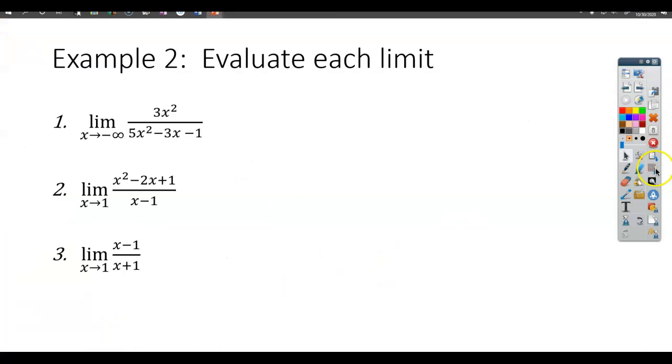All right, so let's go ahead and evaluate each limit. The first thing I'm going to do is direct substitution of my limit here.